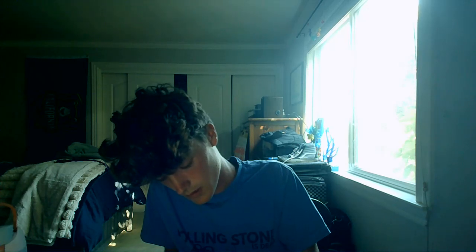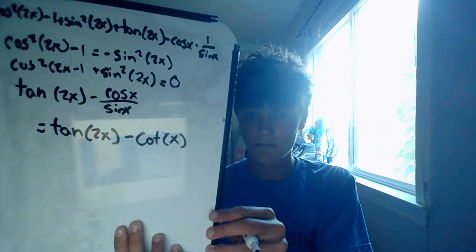So this leaves us with, when we substitute in, tangent of 2x minus cosine x over sine x, which just equals tangent of 2x minus cotangent of x, and that is what we're going to leave. So it should equal tan 2x minus cotangent of x.